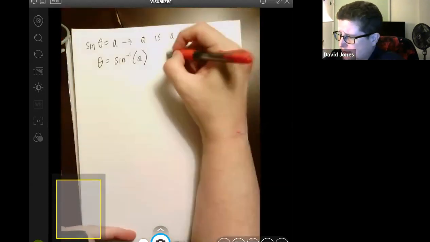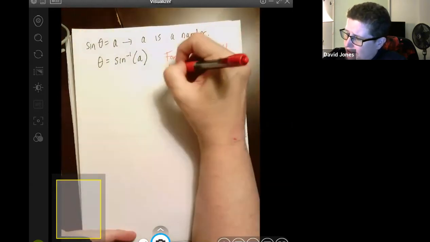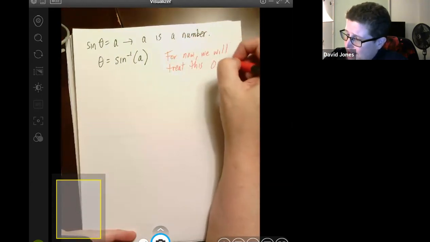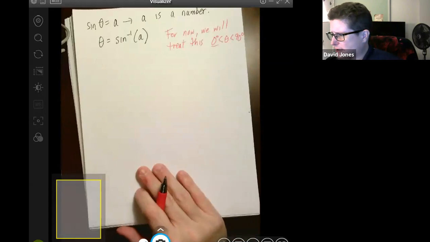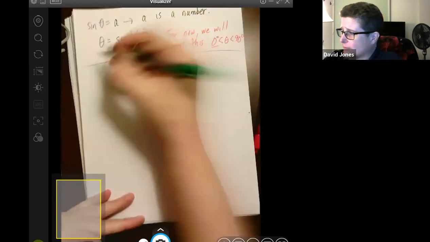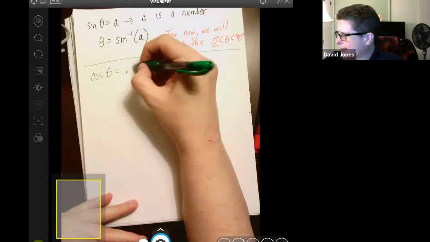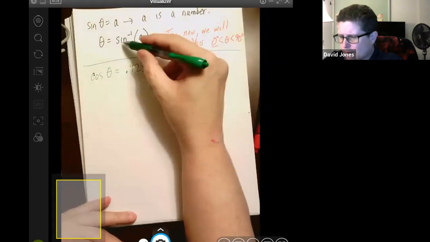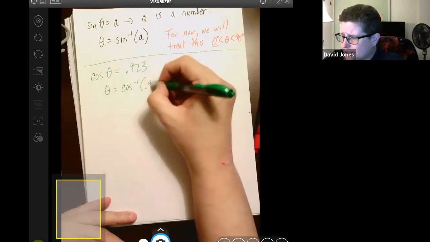For now, we will treat theta for this section in your homework as being in quadrant 1. Okay, so our example, if we say cosine theta equals 0.923, rewriting it like we do up here, theta equals cosine inverse of 0.923.